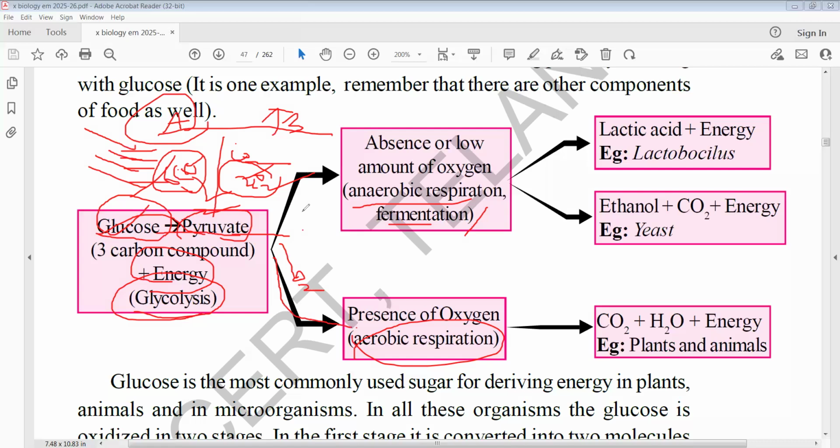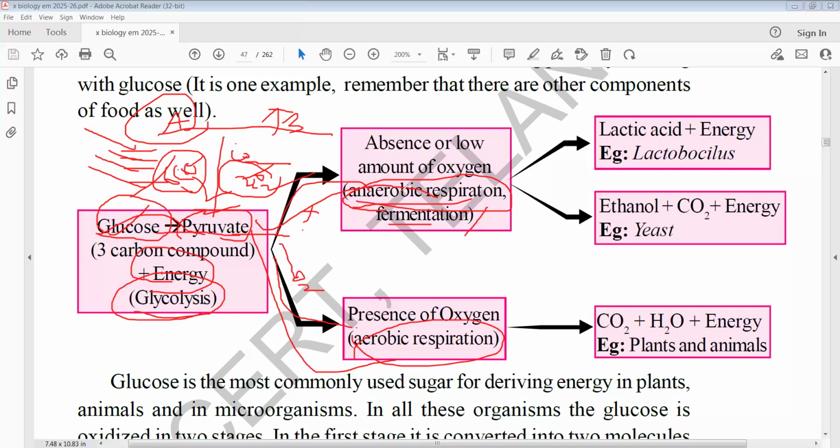If the oxygen is not available, the pyruvic acid enters into anaerobic respiration. So whether the pyruvic acid enters aerobic or anaerobic is determined by the presence or absence of oxygen.